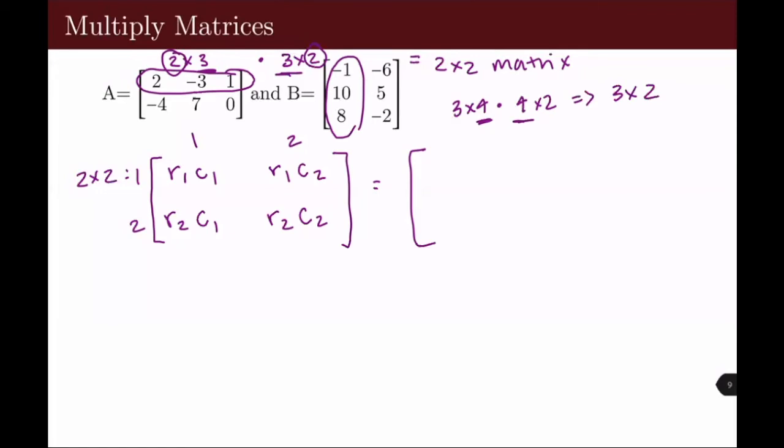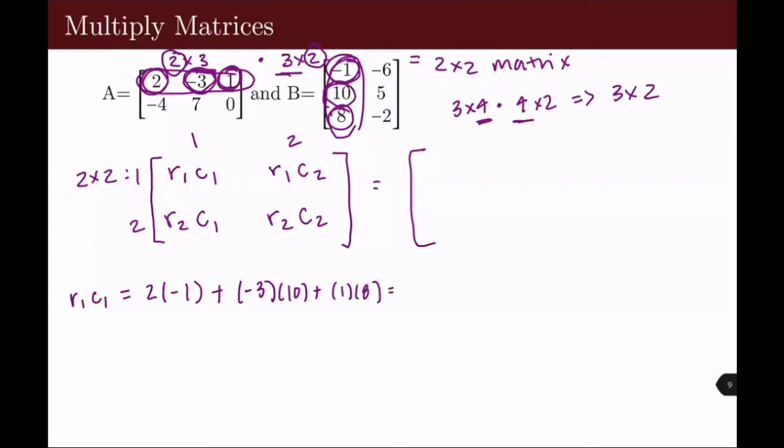So row 1, column 1 is going to equal, so our 2 is going to go with -1. So we have 2 times -1 plus the second term, so -3 times 10, plus the last entry, which is 1 times 8.